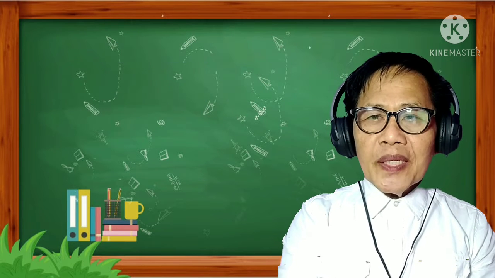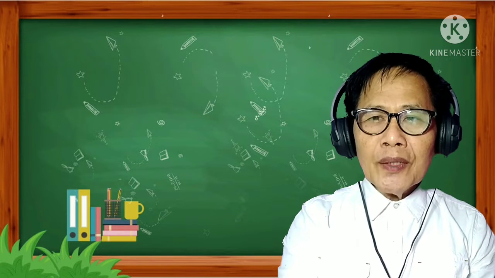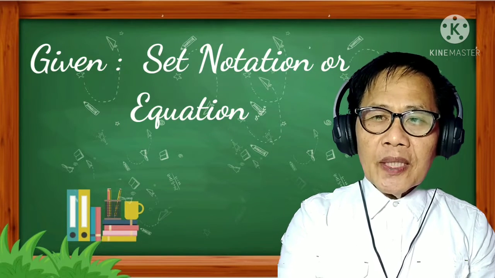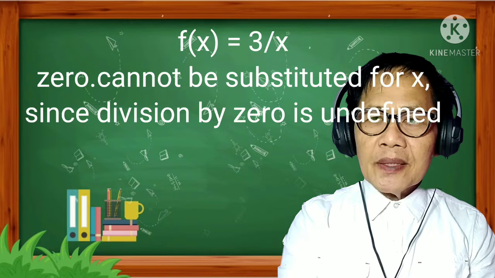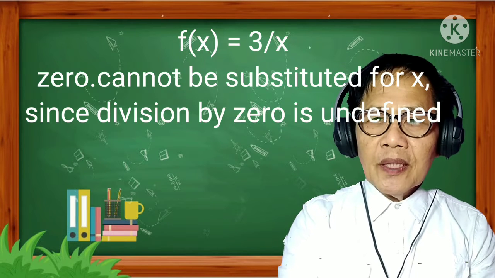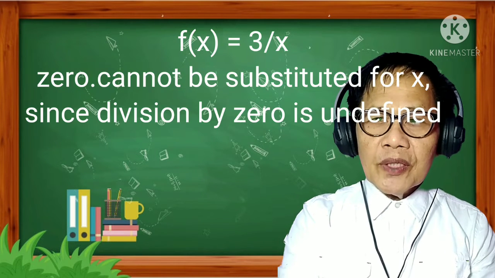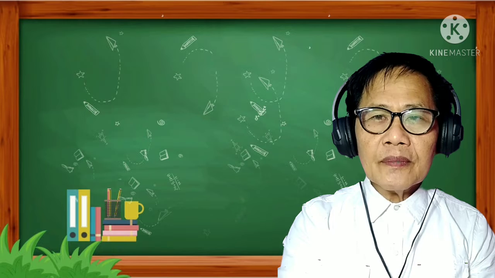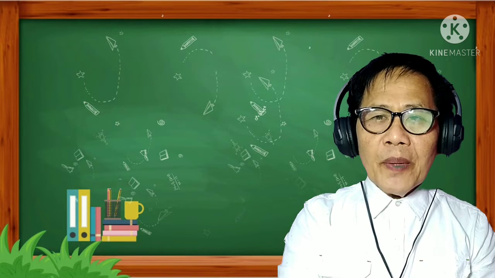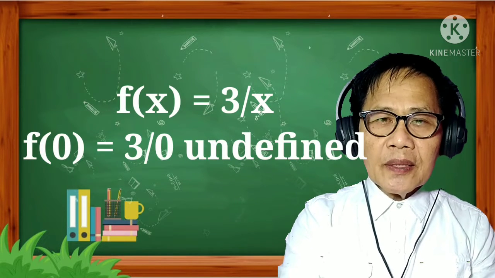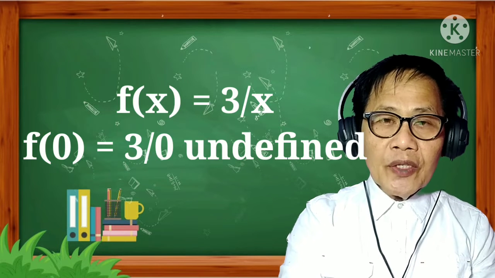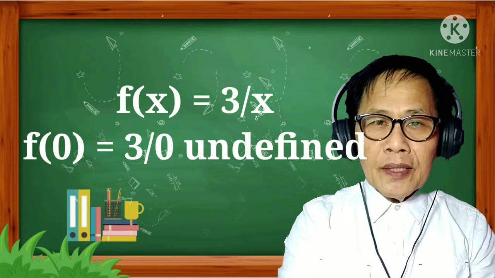How about domain and range of a function given the notation or equation? Example, given this function, f of x equals 3 over x, 0 cannot be substituted for x since division by 0 is undefined. So, f of x equals 3 over x. If it is f of 0, that is equal to 3 over 0, and that is undefined.